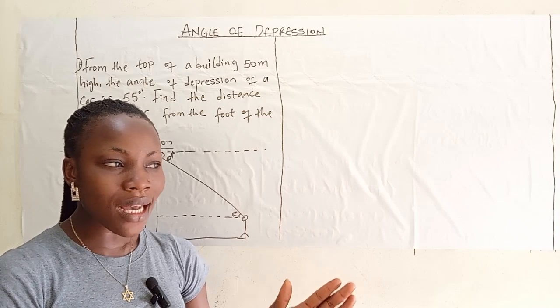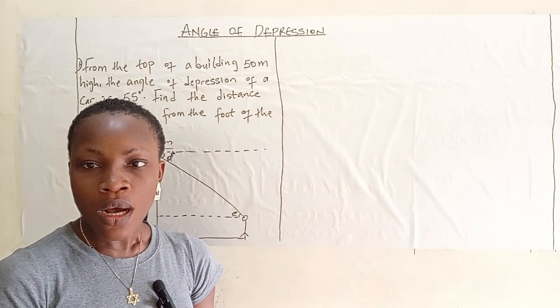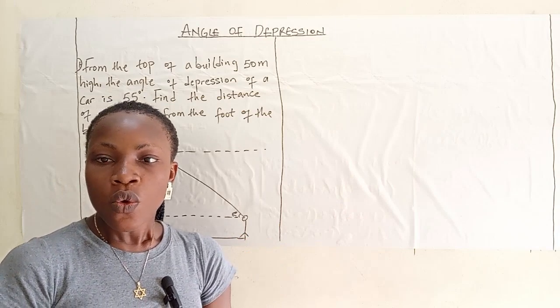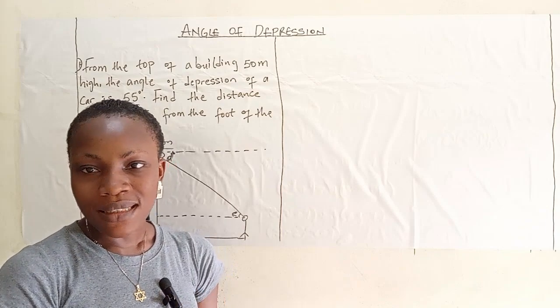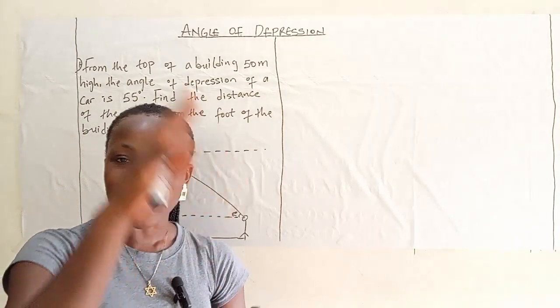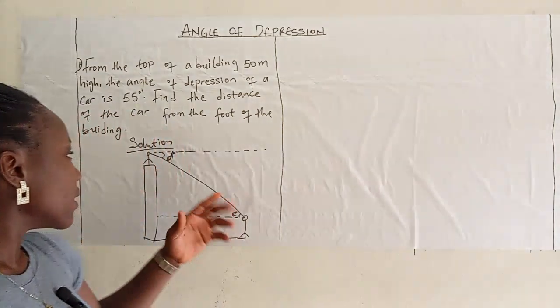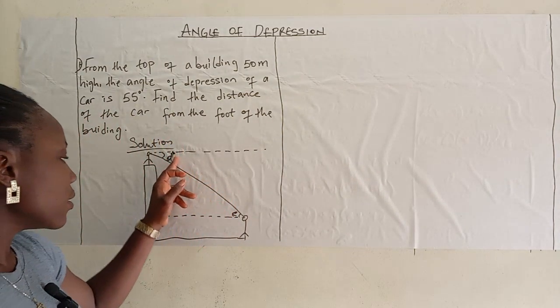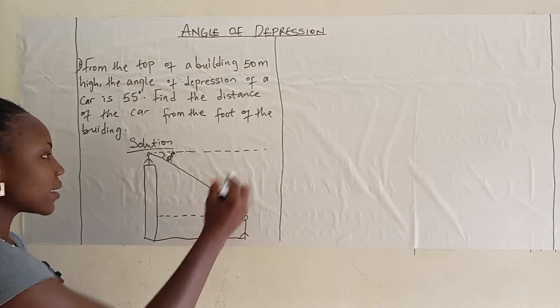Once two angles are alternating, that means they are equal. To know when two angles are alternating, it is simply the moment you are able to form a zigzag. For instance, look at this. This is angle D and angle E, and this is a zigzag.